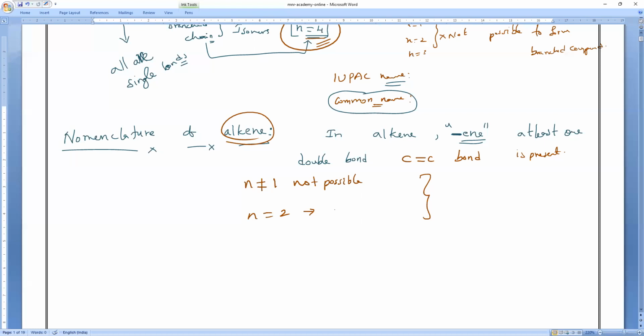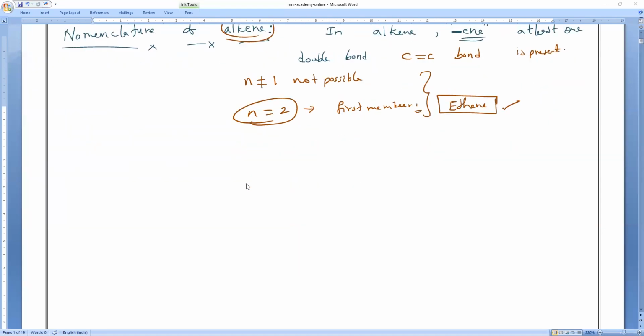The first member in unsaturated hydrocarbons is n equals 2. What is the name of that? Ethene. So ethene is the first member of this group. The minimum number of carbons required to form an unsaturated hydrocarbon is 2. That is what you have to remember.